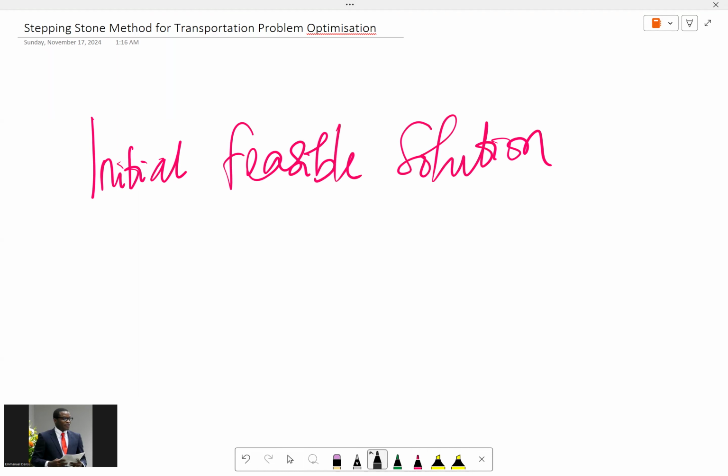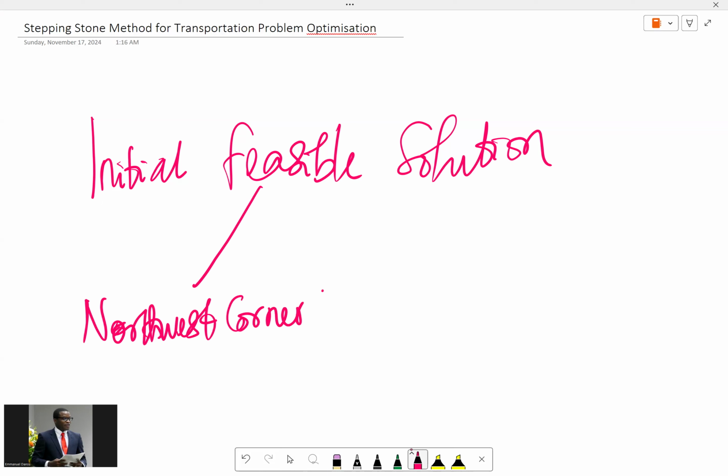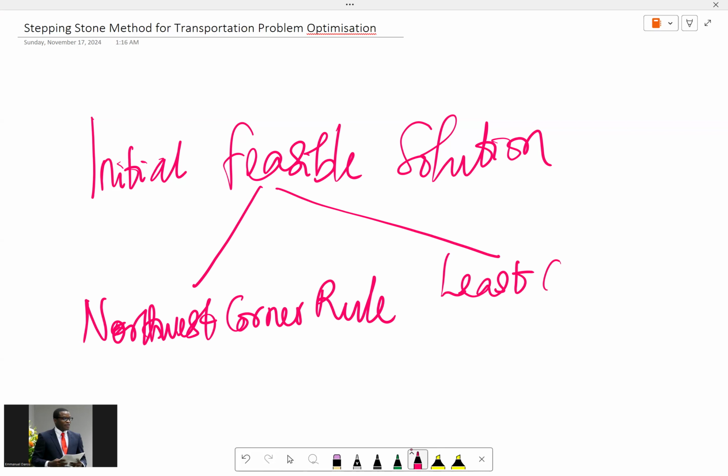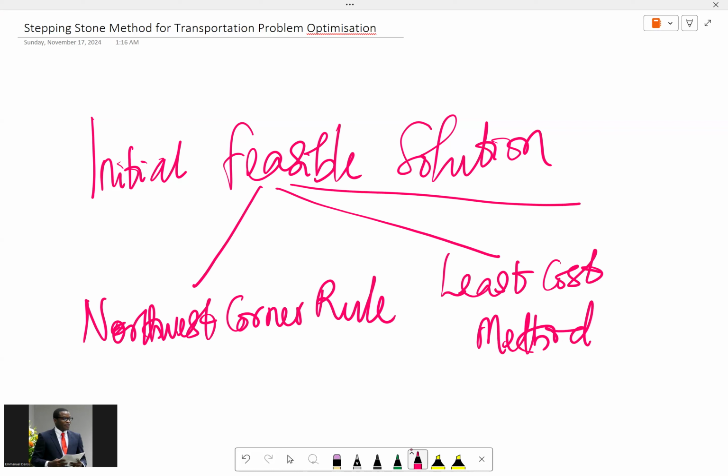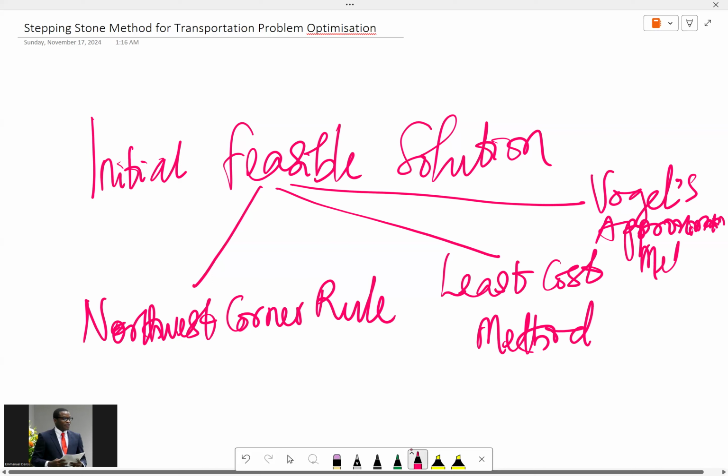The methods to get this can be the northwest corner rule, which I've made a video on, the least cost method, and of course Vogel's approximation method. With these methods, you can find the initial feasible solution.